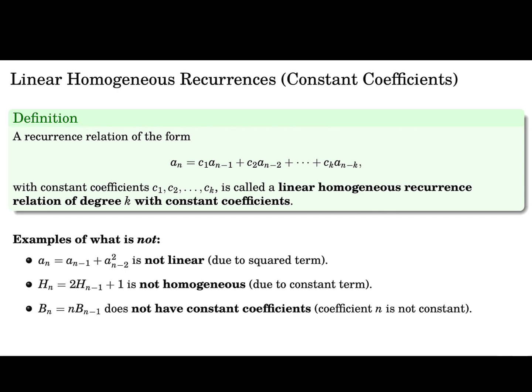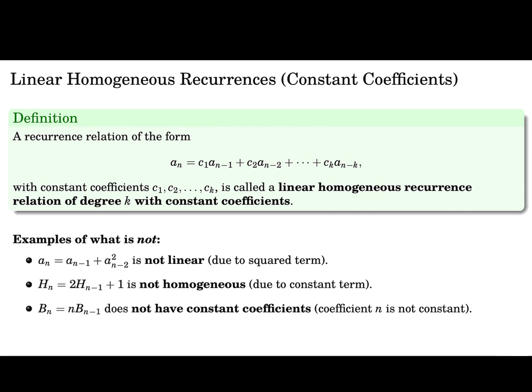Now, what do we mean by homogeneous? We mean that this sum does not have an extra constant added. There's no constant term. It just depends on a combination of the past.